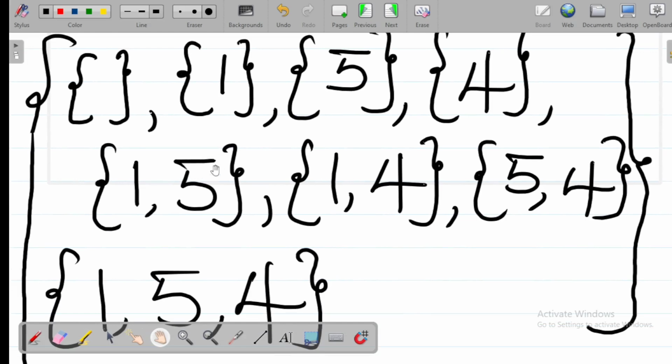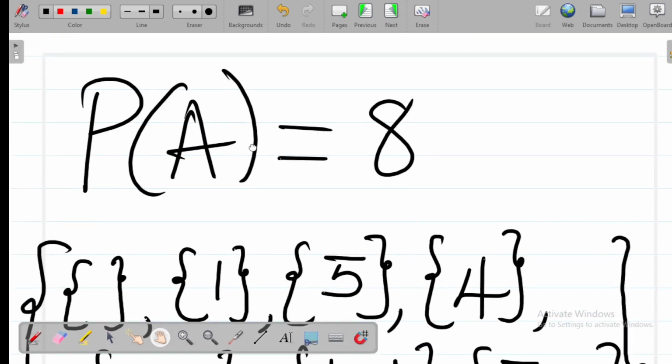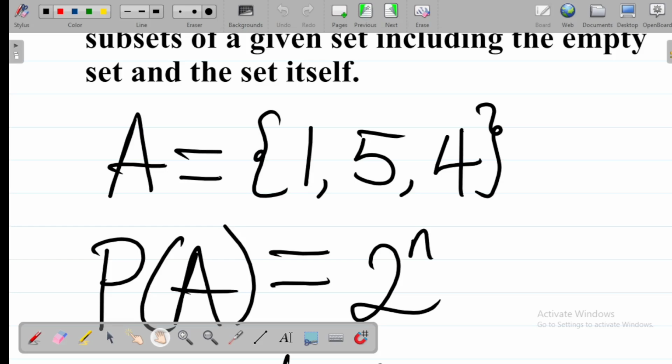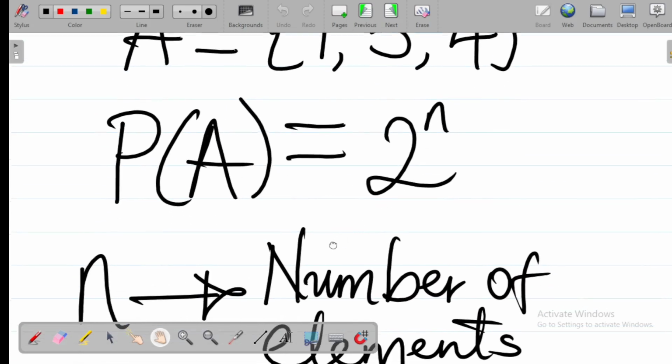Whenever you are given a question to find the power set of any set, the first thing to do is to calculate the power set, which is P(the set itself) equal to 2 raised to power n. The n is the number of elements.